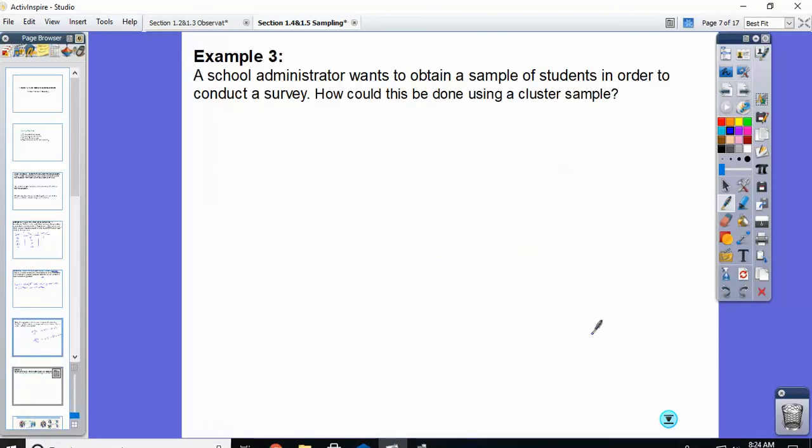Alright, let's do another example. A school administrator wants to obtain a sample of students in order to conduct a survey. How could this be done with a cluster sample? So a cluster sample, everybody's divided into groups, and you pick an entire group to do the survey. So I could say that each class is a cluster.